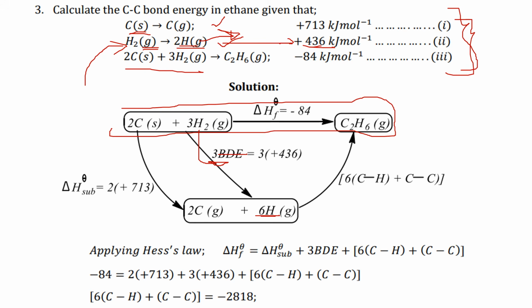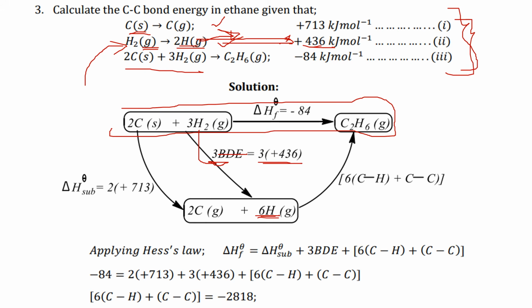You'll find that if 2 moles contain 436, for you to get the energy contained by 6 atoms of hydrogen, you multiply the energy given by 3. So you do the math. If 2 moles contain positive 436, then what about 6 moles? So you end up with your value to be 3 into positive 436.